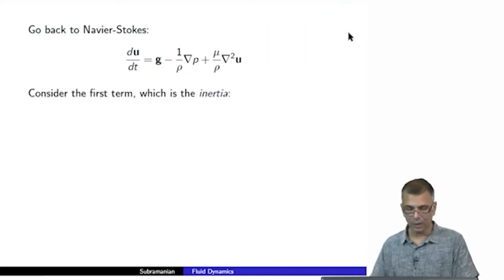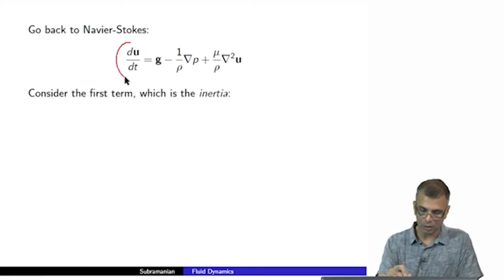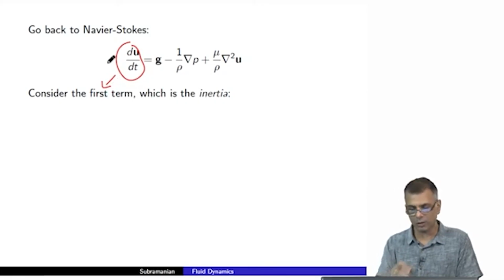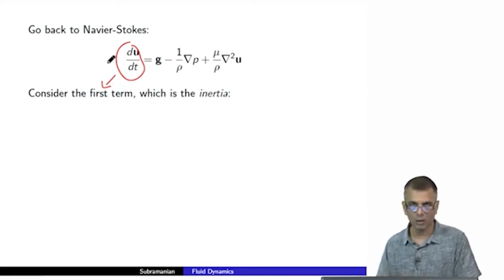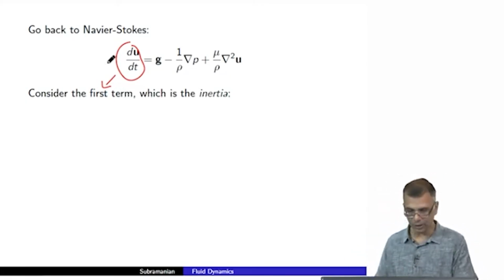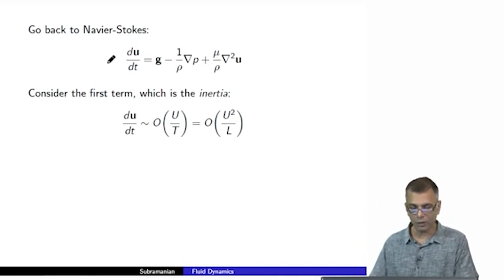Right. So the very first term, this guy, is the first term. If I multiply this by rho, it's rho A, so MA, so to speak. So that's the inertia. And what is the order of magnitude of du dt?